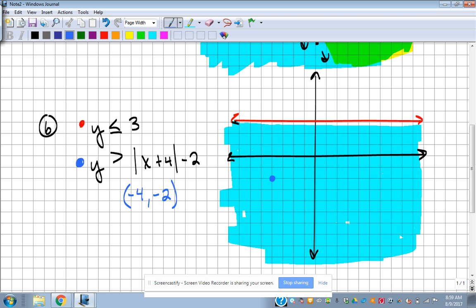And then the slopes, which way is this going to open? Up or down? Up, because what's in front? Just a positive 1. So it's going to open up 1 over 1, both directions. Dotted or solid? Dotted. Good, Gage.